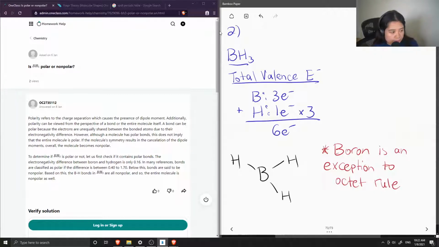And now we need to find out whether or not BH3 is polar or nonpolar. So first let's examine the boron-hydrogen bond, since this molecule is only composed of the boron-hydrogen bond. We need to see if this bond is polar or nonpolar. When we try to figure out if a bond is polar or nonpolar, we want to look at their electronegativity differences.